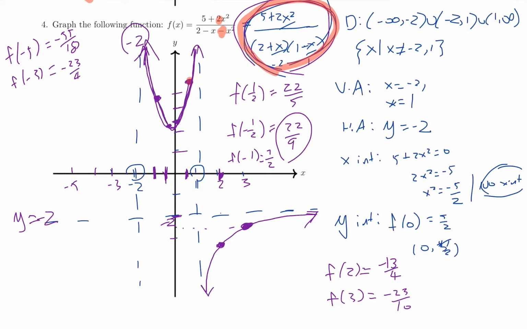This is what we did in the warm-up in the main lesson, so we can compare the fractions. So -3 gives me -23 over 4. -23 over 4 is slightly bigger than -6, right? So here's -2, 3, 4, 5, 6. Slightly bigger than -6 right here.